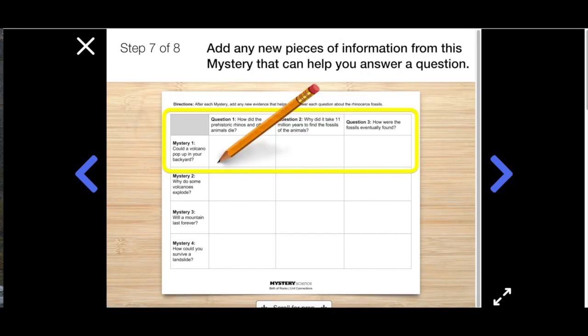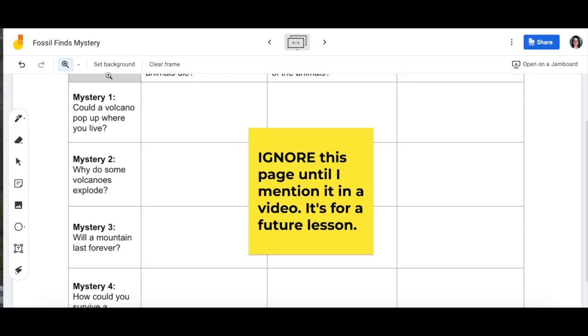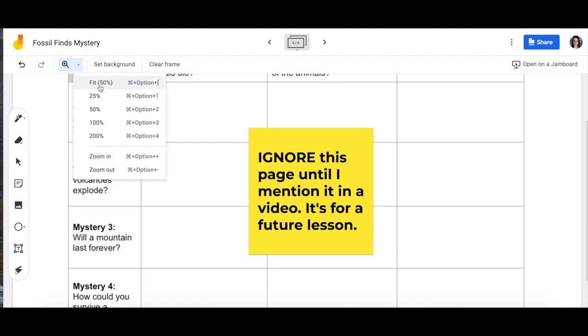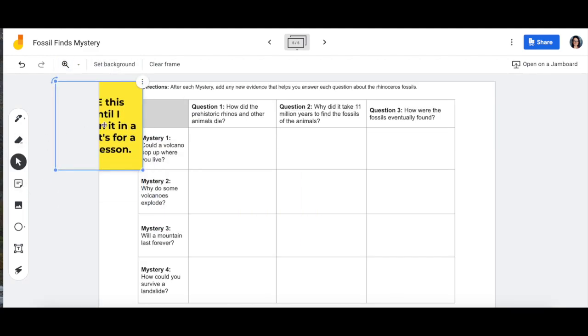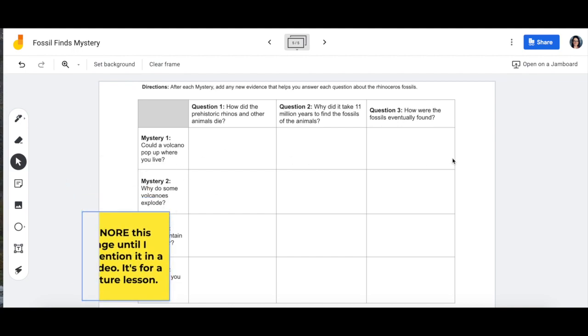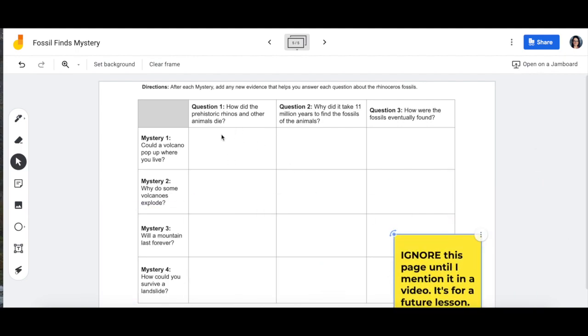In the last page of your jam, right here, we'll move the sticky note out of the way. We're going to focus on the first row of this chart. After each mystery in this unit, we're going to come back to this chart and add some things that we've learned that will help us understand what happened to the prehistoric rhinos in the fossil beds.